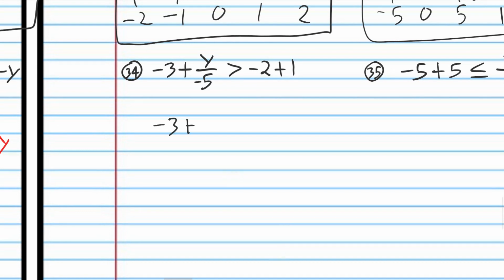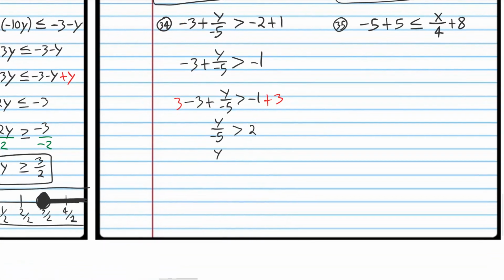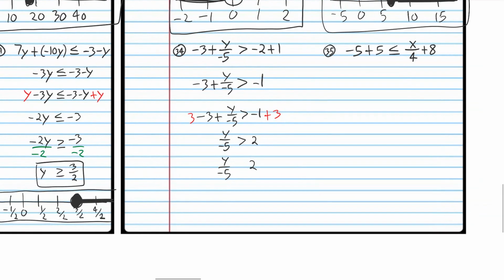Alright, we're back. So now we're going to multiply both sides, so I have to flip that inequality, and I have to make it a less than sign, because we're multiplying both sides by a negative, in this case negative 5.